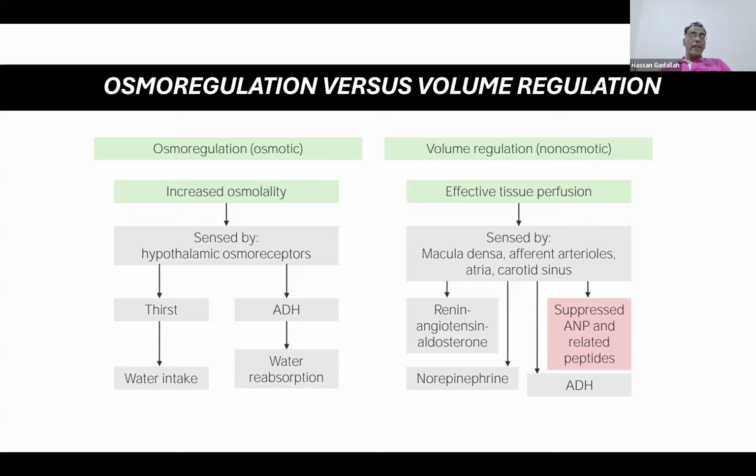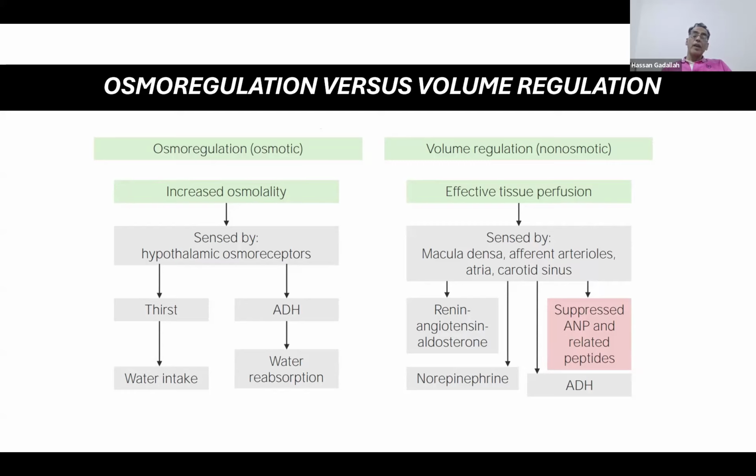So the body has a defense mechanism against this increased osmolarity and increased sodium load. This increased osmolarity is going to stimulate the osmoreceptors, which are present in the hypothalamus. And the effector of this stimulus is going to be in two directions. It is going to stimulate the thirst. We are going to feel thirsty, so we are going to drink water.